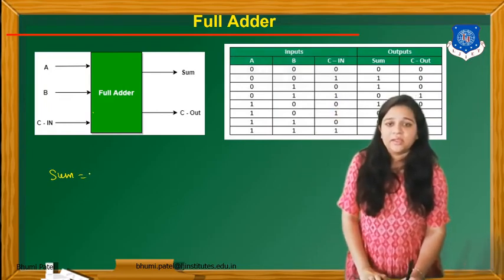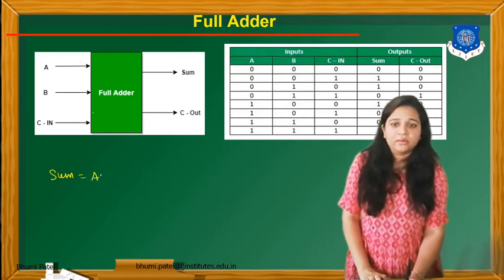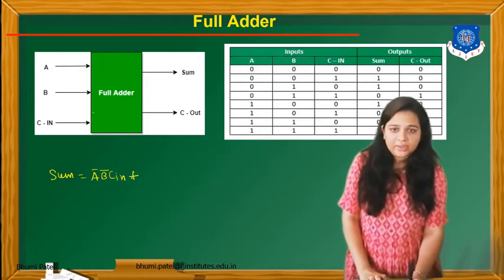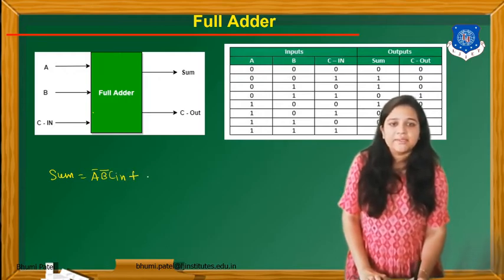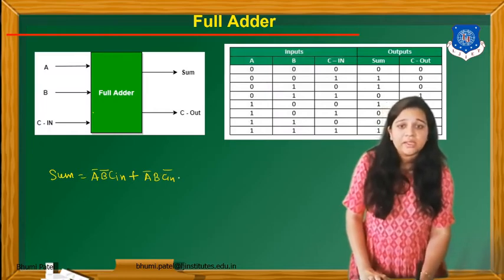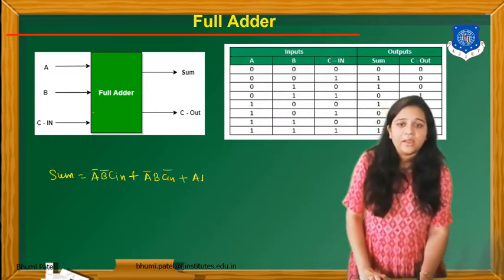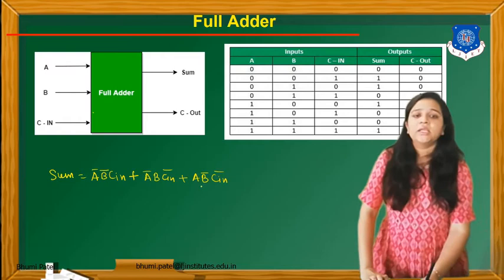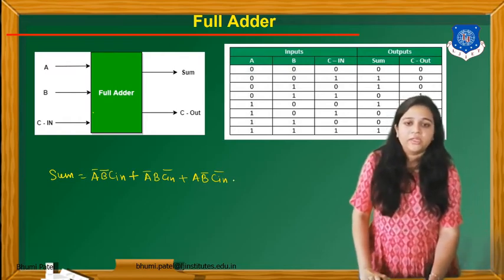We can write the equation like this: A bar, B bar and C in, plus the next is A bar, B, C in bar. Okay, this is my second. The third one is where A is high and B bar and C in are low, and the fourth one is A, B, C, all of these high.